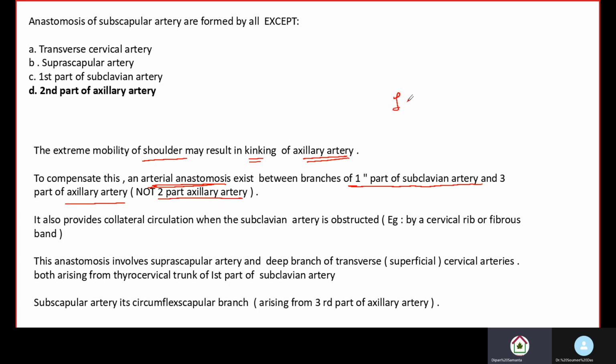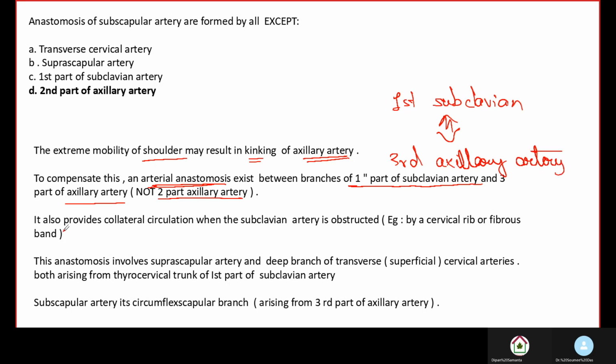First part of the subclavian artery anastomoses with the third part of the axillary artery. It provides collateral circulation when the subclavian artery is obstructed.